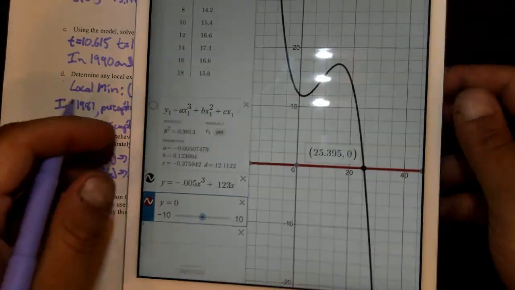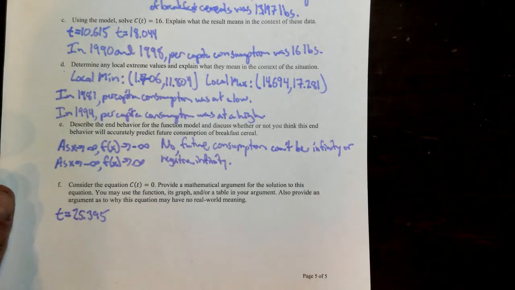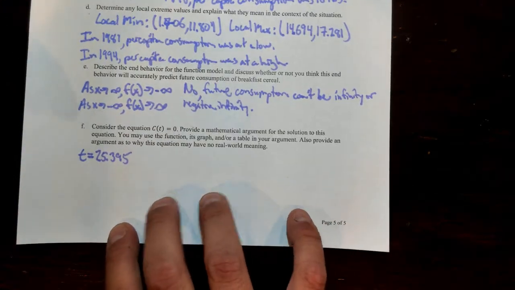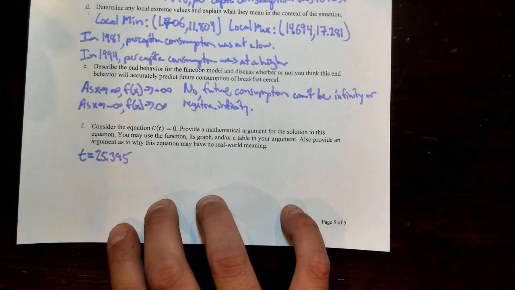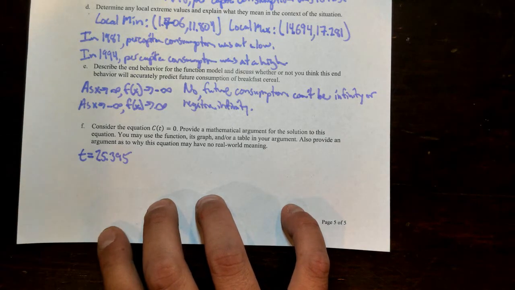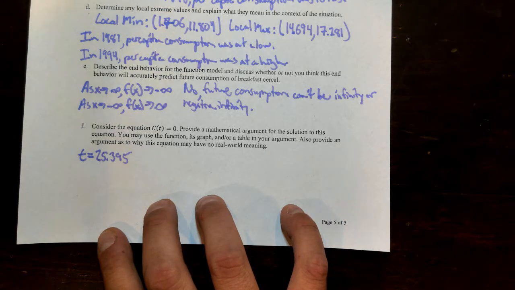We looked at it graphically. That's all right. And then also provide an argument as to why this equation may have no real world meaning. Well, let's see. Will the consumption of breakfast cereal ever get to 0 per capita? That's probably not ever going to happen.